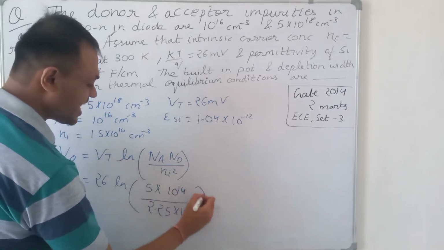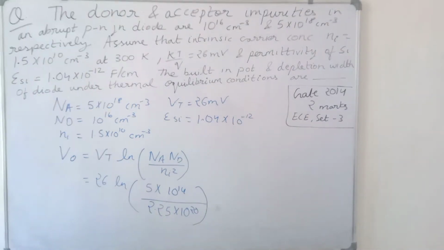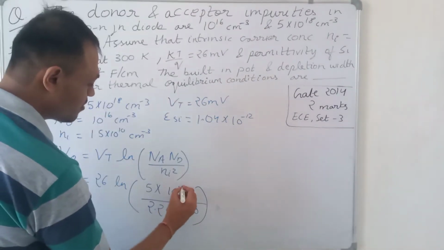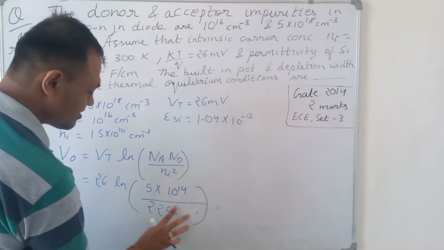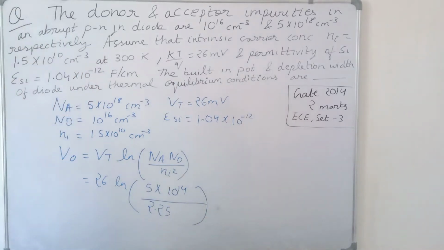When we are giving the GATE exam, we are using an online calculator, so we should be able to do a lot of calculations by hand. So this is equal to 10 to power 14, because using the online calculator is not easy. Now you can solve it using an online calculator.